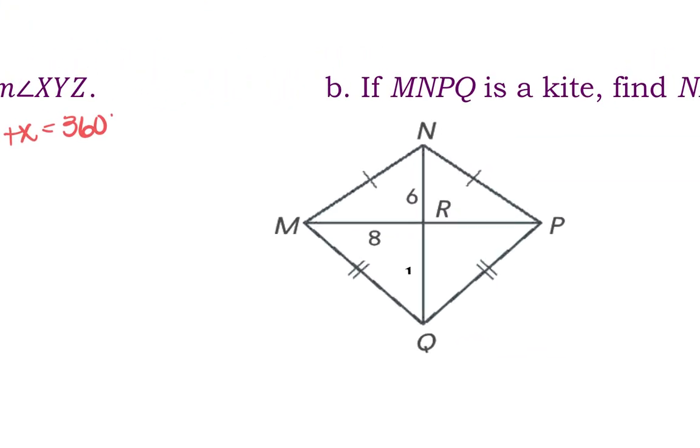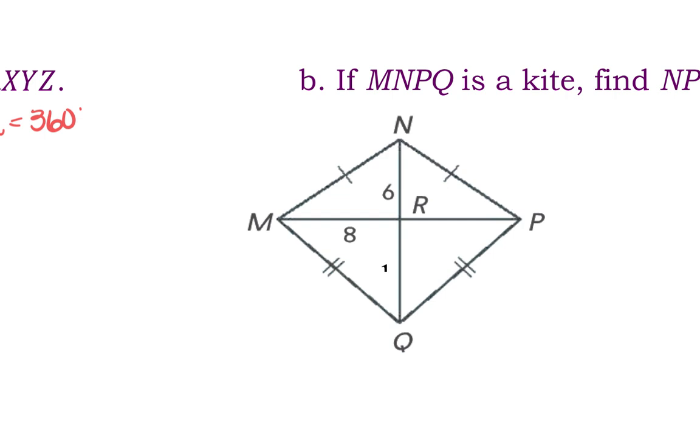Also a kite. So keep in mind that one of your diagonals will always be bisected. It's the one that separates your two isosceles triangles. So do you think the diagonal that's bisected is M to P or N to Q?